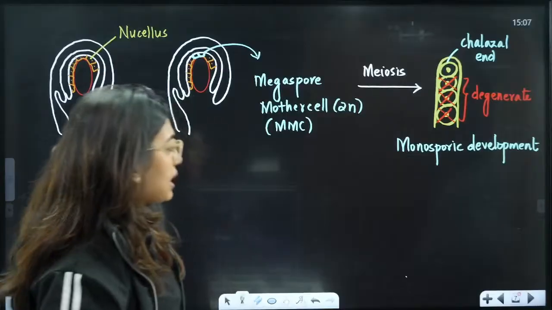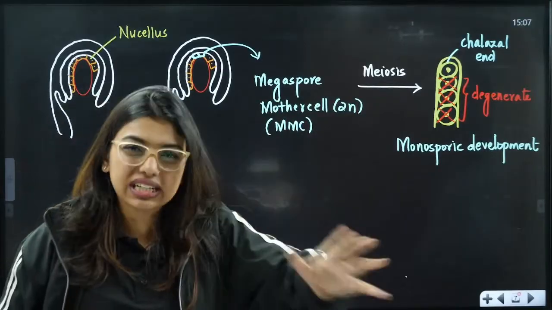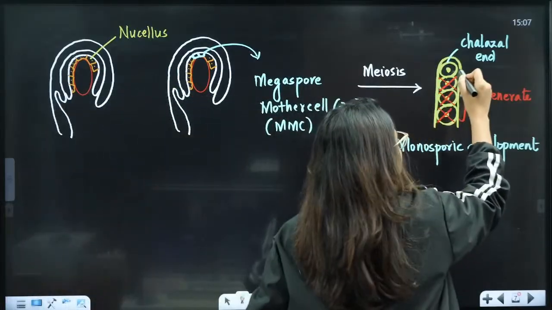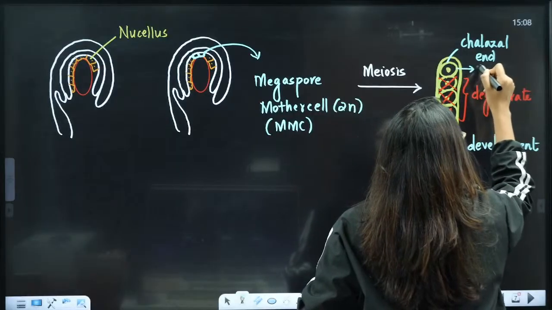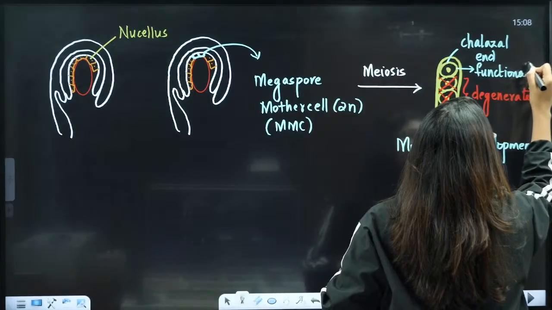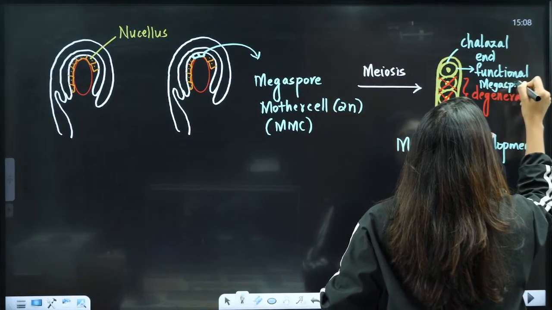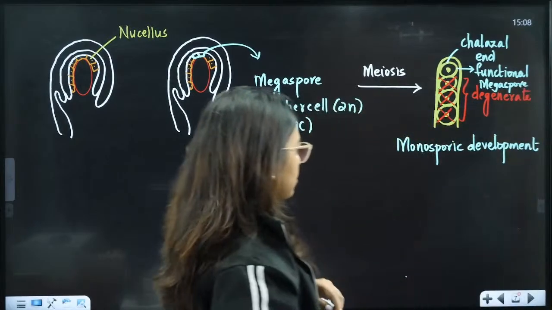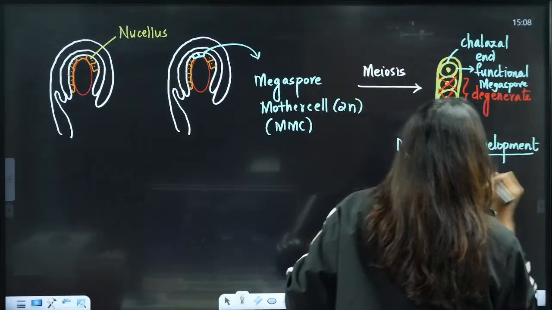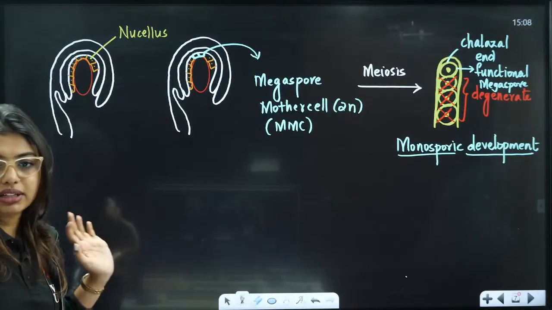That means out of the 4, 3 degenerated and only one became functional, the one near the chalazal end, the functional megaspore. This kind of development is called monosporic development. Clear to all of you?